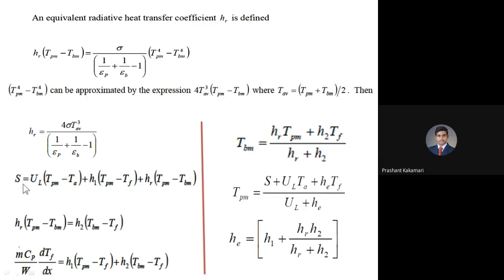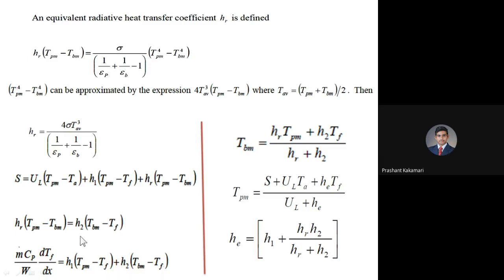For the plate, we know the equation S equal to UL something, and for the air mCp delta T equal to area. Area, we are writing here, is W into dx for the small section. Some books also take L1 and L2, width and length. And it is H1 into TPM minus TF plus H2 into TBM minus TF.